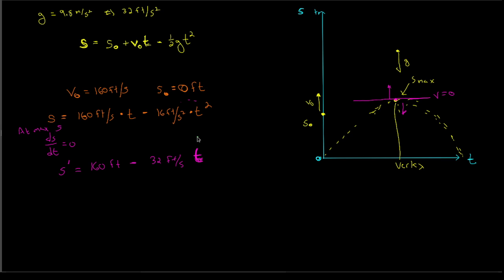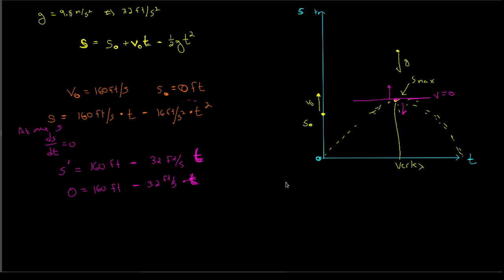We want to know how high it goes. We're going to find out when this equals 0. So 0 equals 160 feet minus 32 feet per second times some time. I'm going to leave my units out.